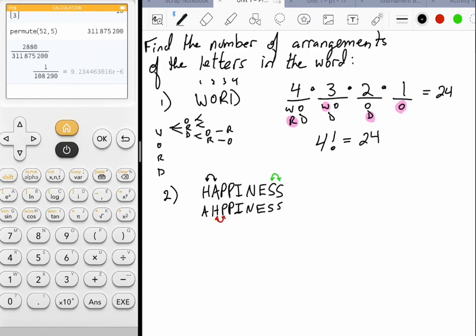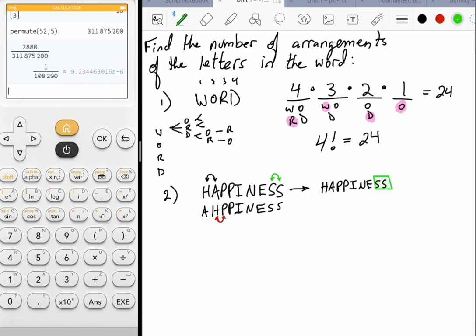All right. Because if I take the letters in the word happiness and only switch the S's, I don't end up with a unique new word. All I would be doing is taking an S and switching it with the S that's adjacent to it. Right? It's still the same word. So I'm actually counting a word that I don't want to count.